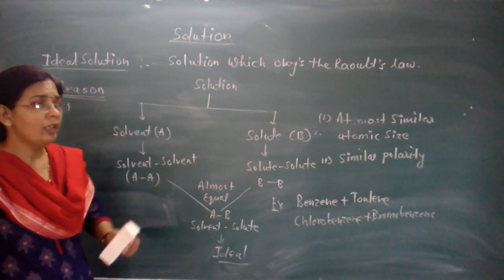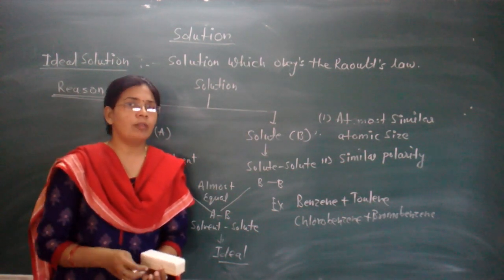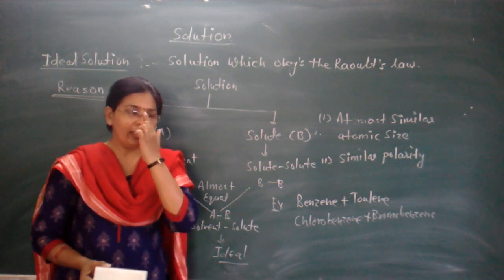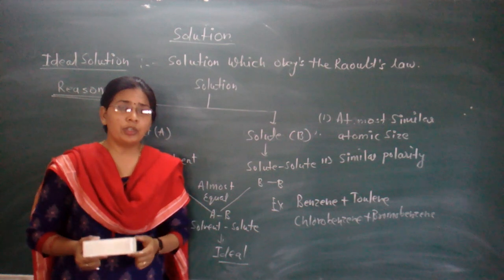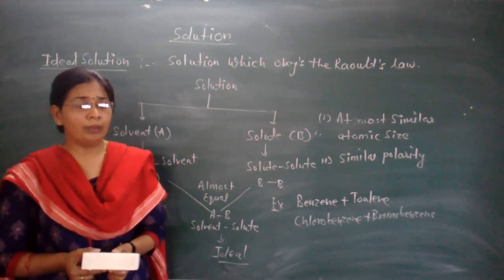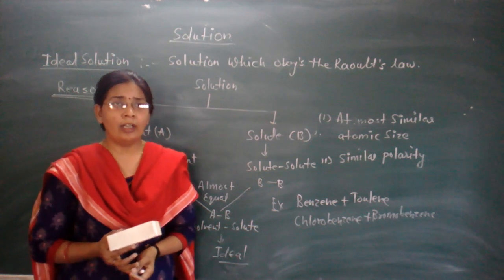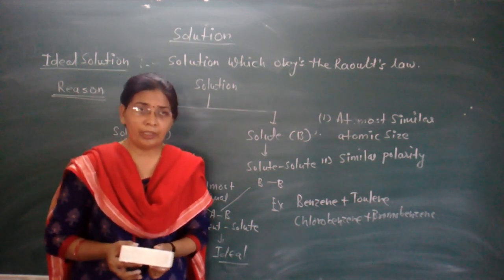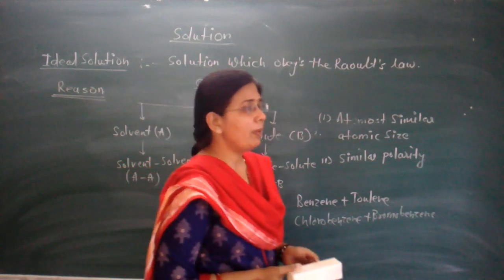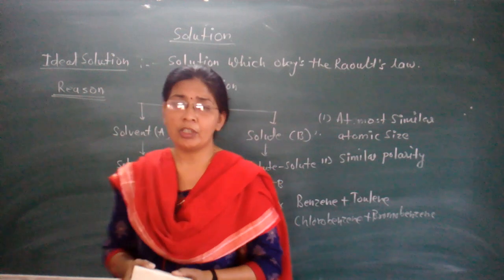Ideal solutions are those solutions which obey Raoult's law over the entire range of temperature and concentration, and there are three conditions for a solution to behave as ideal. First, it should obey Raoult's law. Second, during formation of such a solution there is no change in the enthalpy. And third, the volume change becomes 0. And why is the ideal solution formed?